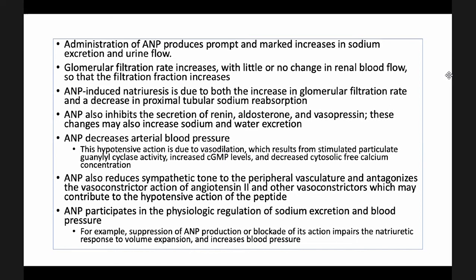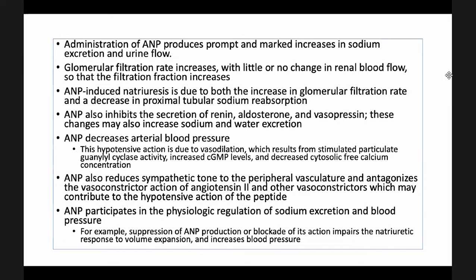So ANP decreases arterial blood pressure. So this hypotensive action is due to the vasodilatory effect of your ANP, which results from the stimulated particulate guanylyl cyclase activity, with increased cyclic GMP levels and decreased cytosolic free calcium concentrations.